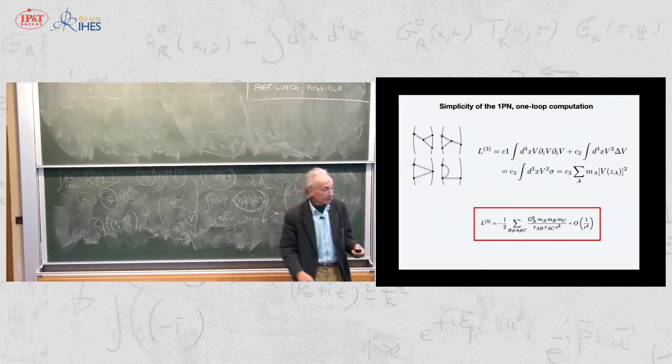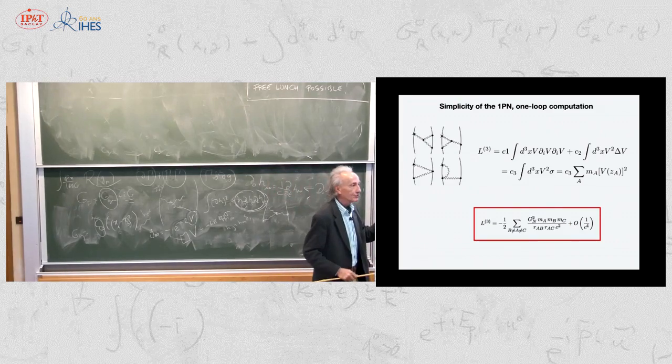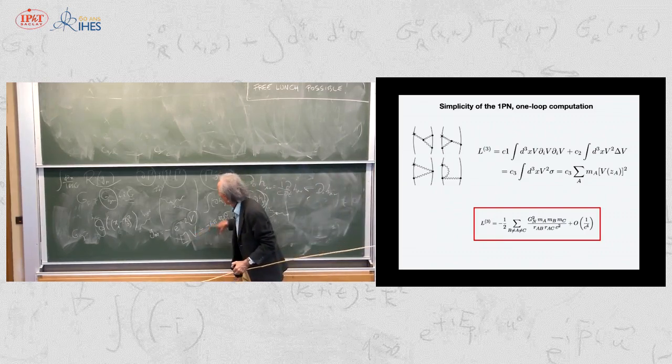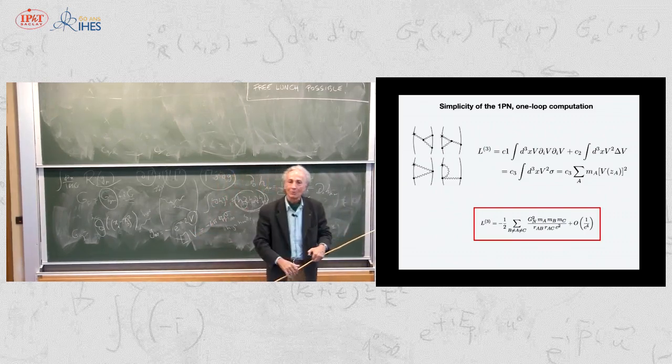So because of this big simplicity of the post-Newtonian expansion, all those complicated terms are cubic in the potential, but the cubic terms are V, spatial derivative of V, spatial derivative of V, contracted. This term, when you look at it, will be V squared times Laplacian of V, okay? Laplacian of V means a delta function. It is something in this approximation. The d'Alembertian of V is sigma, a source term also.